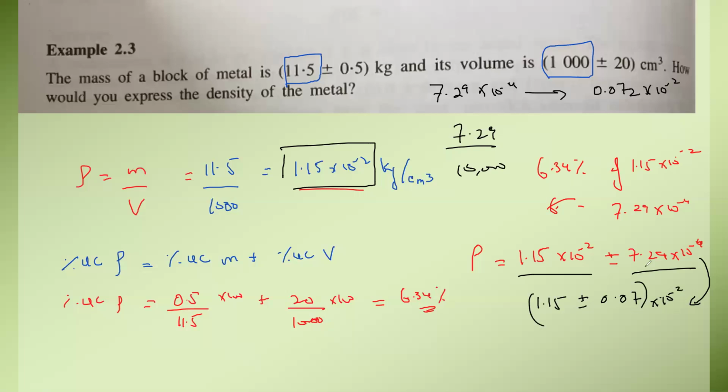Is it clear, the representation of the uncertainty and the density? Anyone having a doubt or a question in this? Any question or doubt?